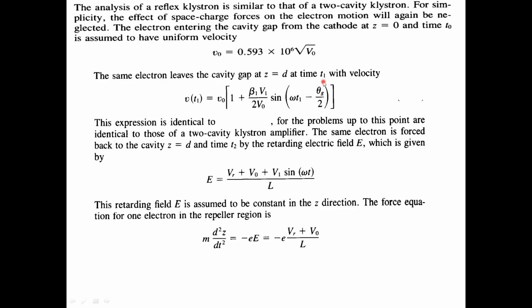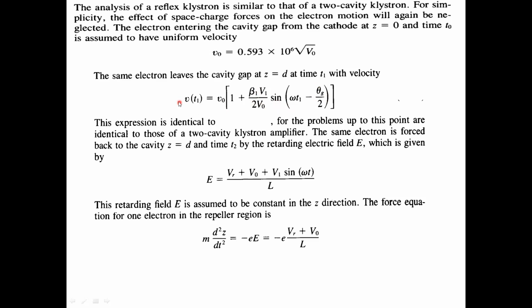Again, recall from the past lecture, from the previous syllabus, the two cavity klystron. In the reflex klystron, the instantaneous value of the electron velocity at T1 can be written with respect to the uniform velocity: V naught multiplied by 1 plus factor beta 1 V1 by 2 V naught, where V naught is the applied beam voltage, times sine of omega T1 minus theta z by 2.